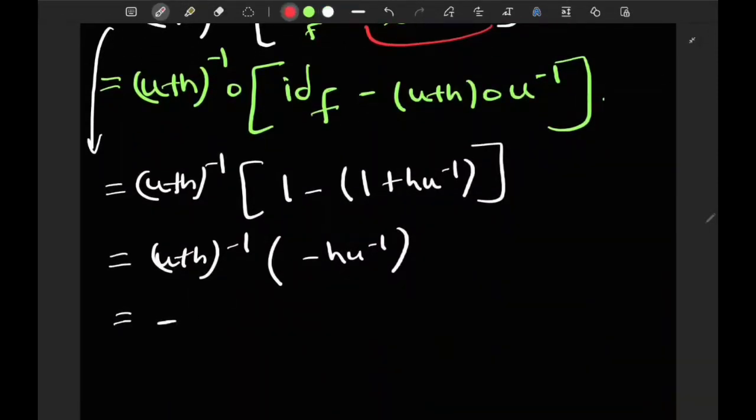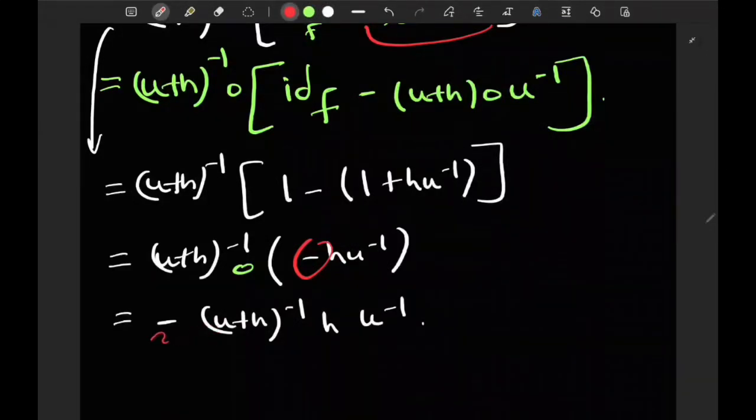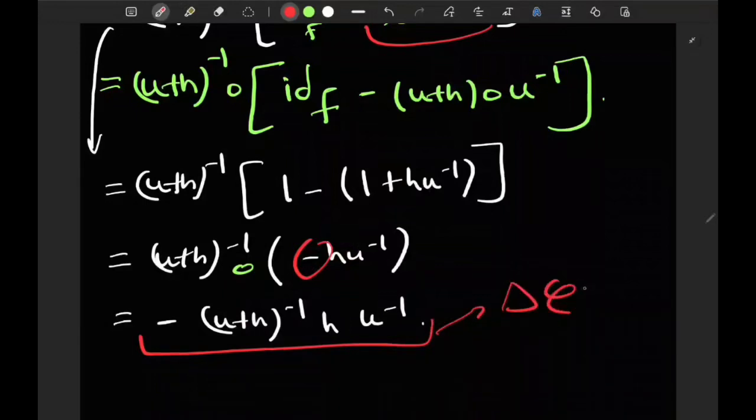To take the minus outside, because at the end of the day, composition is a bilinear map, this is minus (u+h) inverse composed with h, composed with u inverse. That's what we got. Now this thing is the difference. So again, this thing here, let me write it in red. This is delta φ at u, delta h.